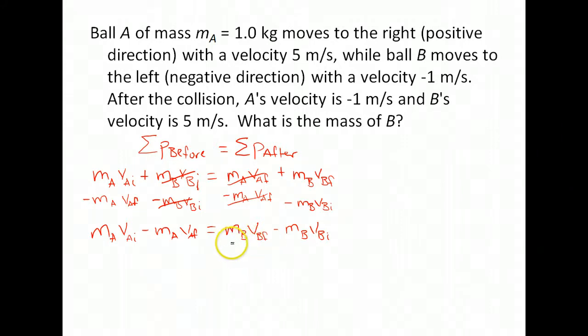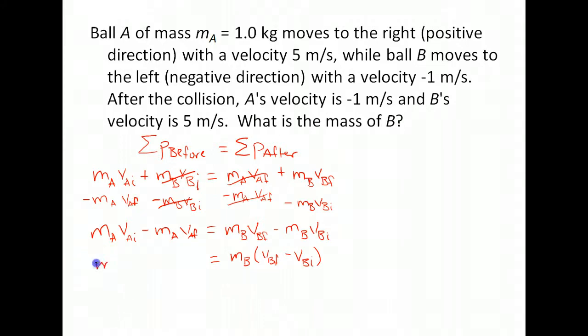So let's combine that over here on this side. Really, we could do it on both sides. So I just factored out the mass of B over here. And really, I could do the same thing over here.